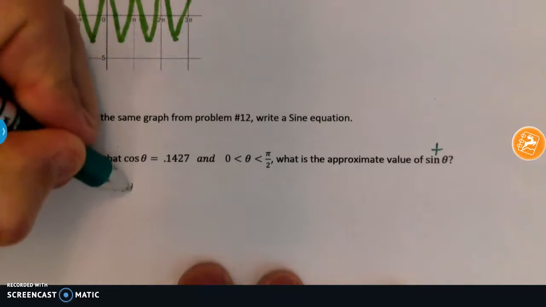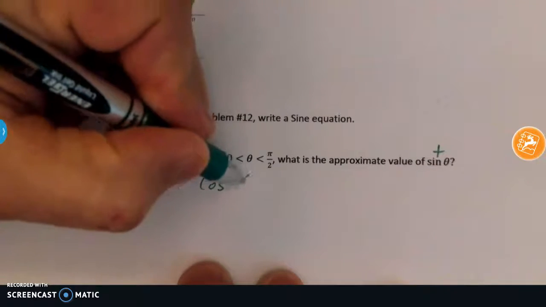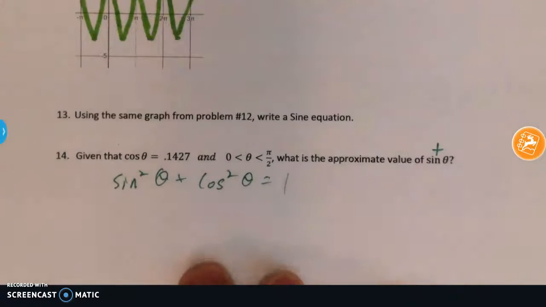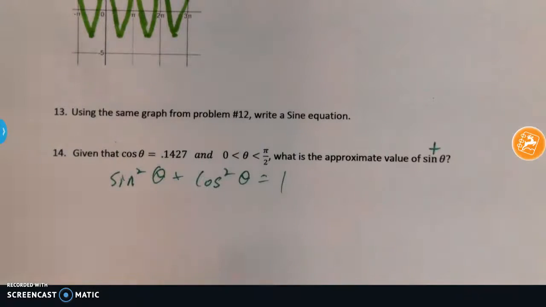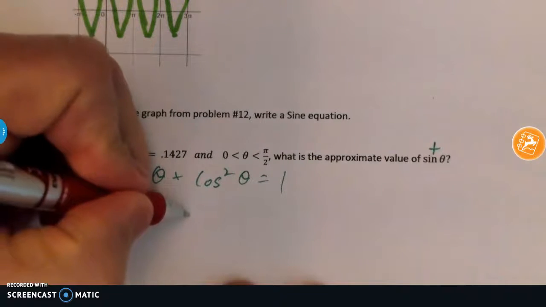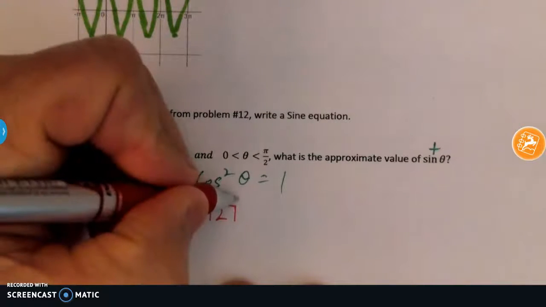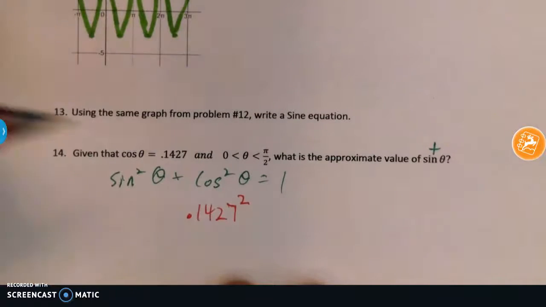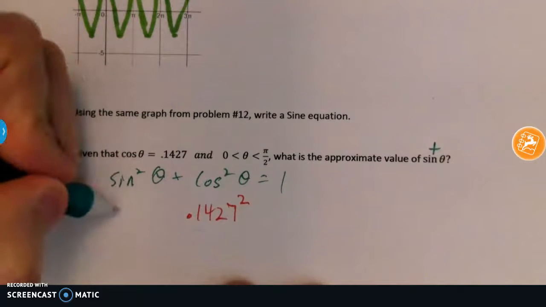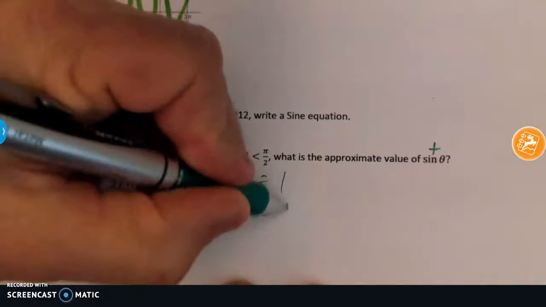Remember, sine squared theta plus cosine squared theta equals 1. Now I'm going to make a substitution. I know what cosine of theta is. So if I go 0.1427 and then I square that, then I have sine squared theta plus that equals 1.